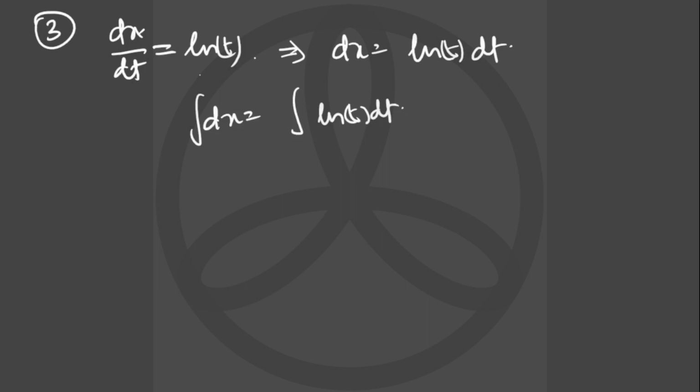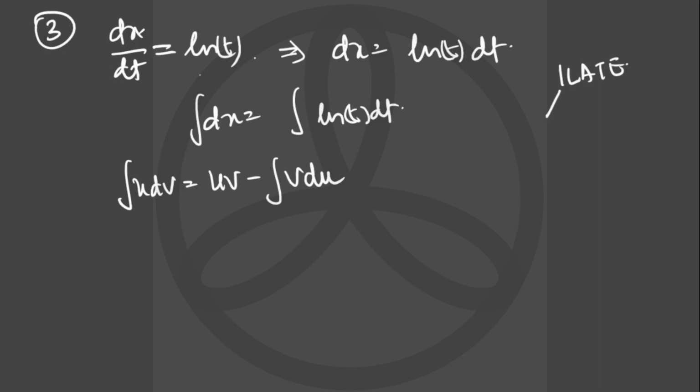Now there is no formula which can straight away give this integration on the right hand side. So what we do is use integration by parts. There is a formula of integration by parts, which is the integral of u dv is equal to uv minus the integral of v du, and we make an assumption of what we should select as u and v here, normally called ILATE.